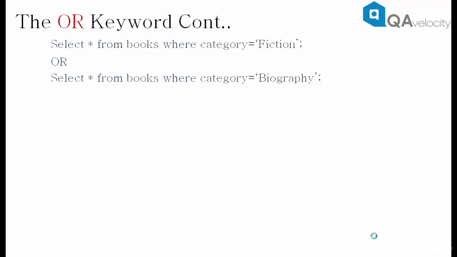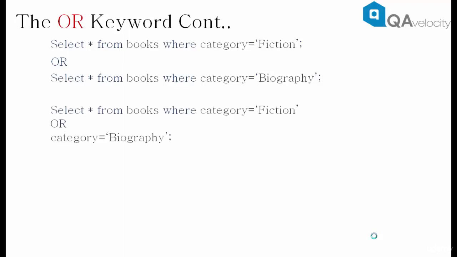So to resolve this issue, Jeff needs a keyword OR which combines both queries using OR statement, and you need to remove the second select statement. So the final query would be select star from books where category equal to fiction or category equal to biography.